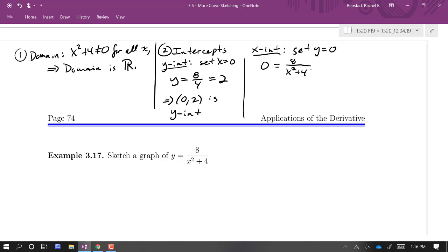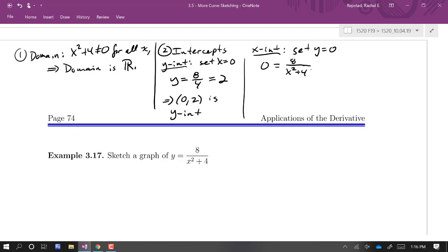If x is 8, 8 squared is 64 plus 4, we get 8 over 68, not equal to 0. So there is none? Well, we can set it equal to 0, but there are no solutions to this equation.